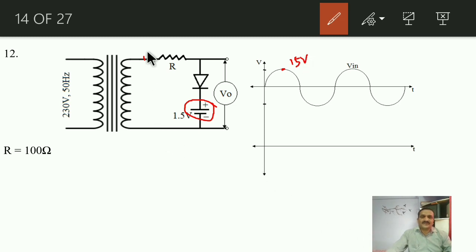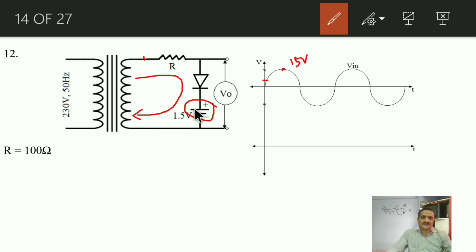If it is 15 volt, then during the positive half, the diode will conduct, is it? So during the positive half it will conduct, but how much amplitude must that positive half reach to get that diode into conduction? Right now, if this DC source is not there, then surely we can say whenever the input goes to 0.7, the diode will start to conduct.